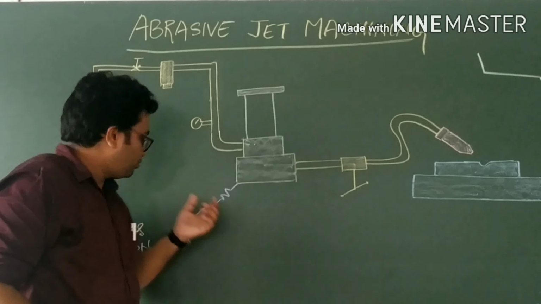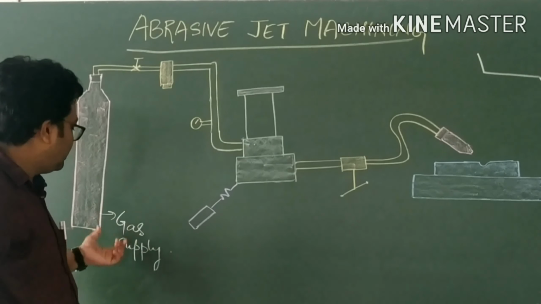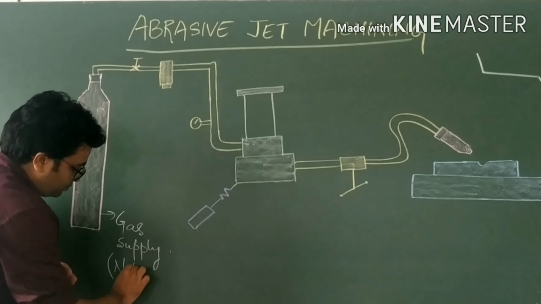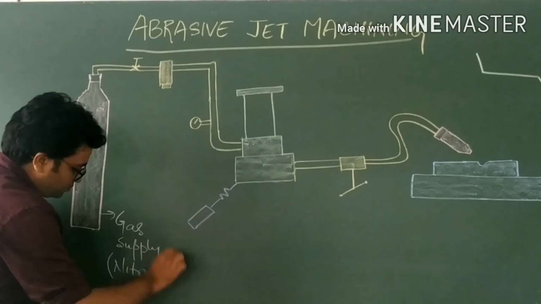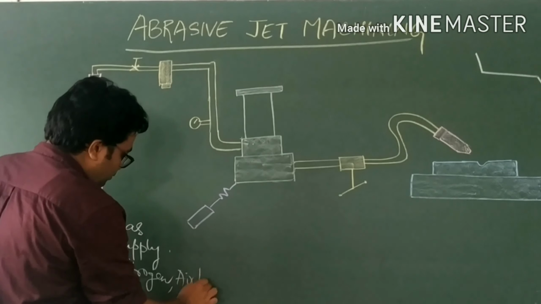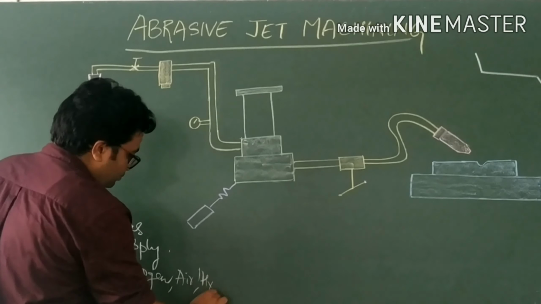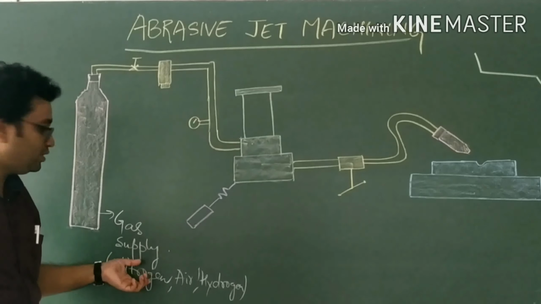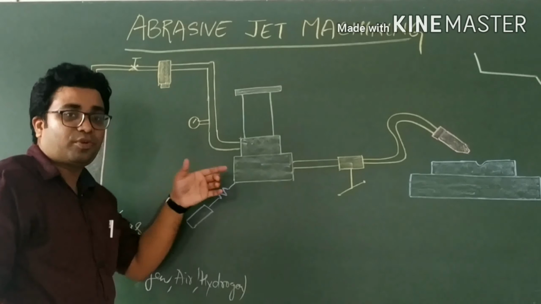Now, which type of gas is used? Normally the gas we use is nitrogen, air, hydrogen, etc. These are the gases which you use in this process.